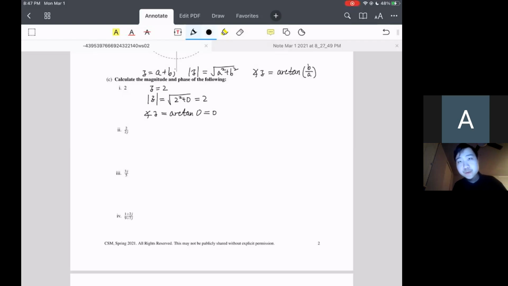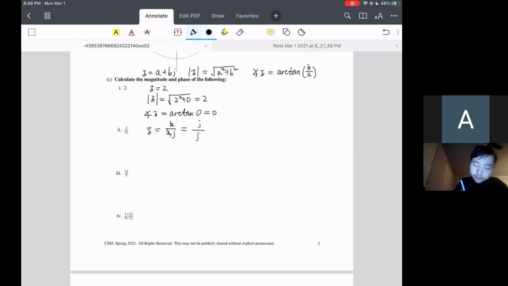Okay, so for part 2, first thing we're going to try to do is write this whole thing in terms of rectangular form, right? So if z is equal to 2 over 2j, this is obviously not of the rectangular form. First, we try to cancel out the 2's on numerator and denominator, and then we multiply j on both the numerator and the denominator.